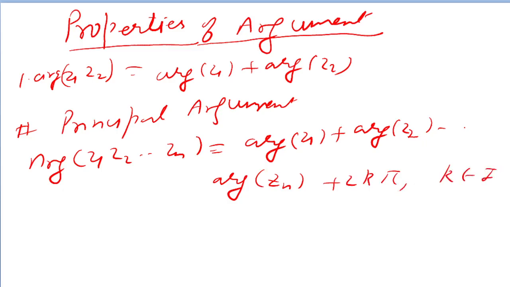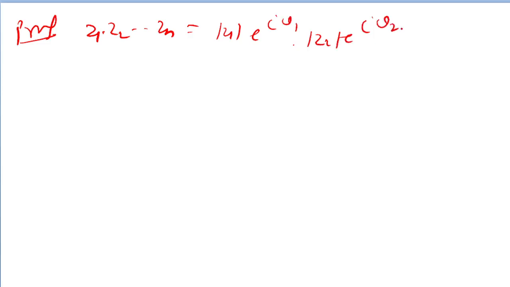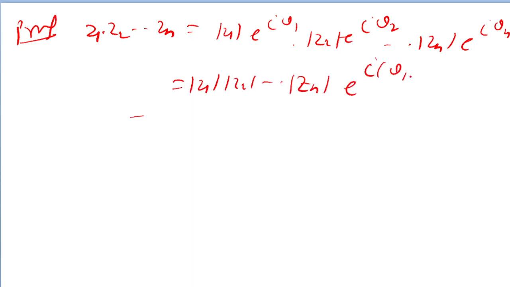Why am I doing this? Because the principal argument should lie within a fixed range. Let's prove it. z1 z2 up to zn will be |z1| e^(i theta 1), |z2| e^(i theta 2), up to |zn| e^(i theta n), and that is nothing but |z1||z2| up to |zn| e^(i(theta 1 plus theta 2 up to theta n)).